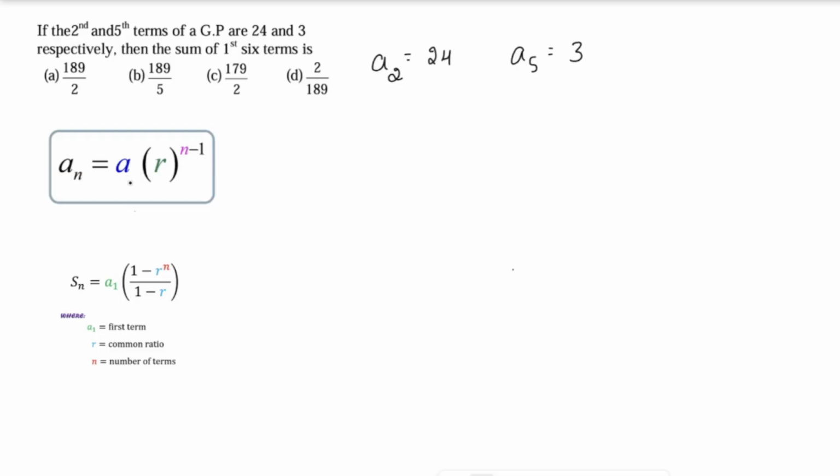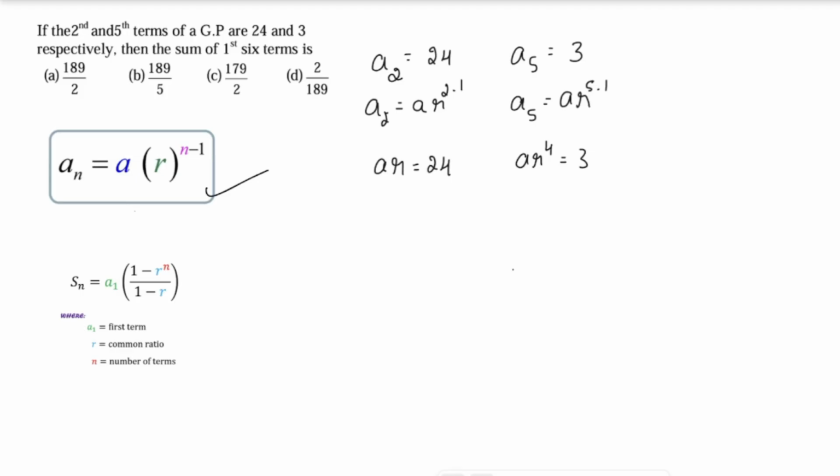By using the An formula, A2 can be written as A into R power 2 minus 1, and A5 can be written as A into R power 5 minus 1. So it becomes A R power 1 and A R power 4. So A into R is equal to 24 and A into R power 4 is equal to 3.